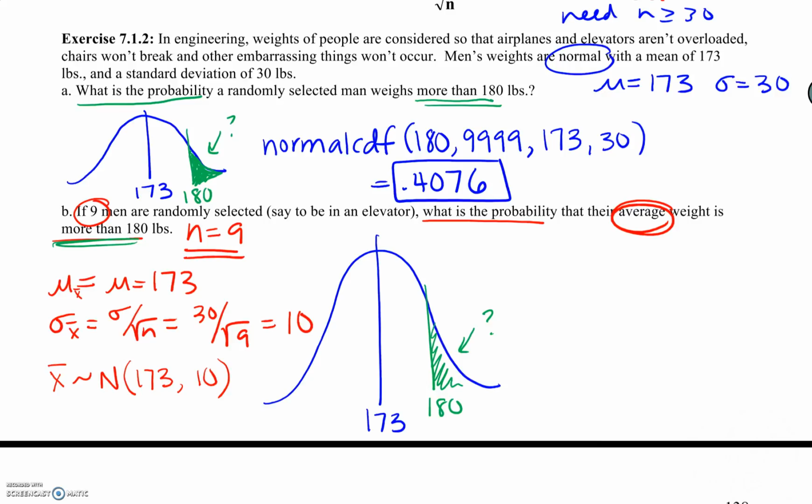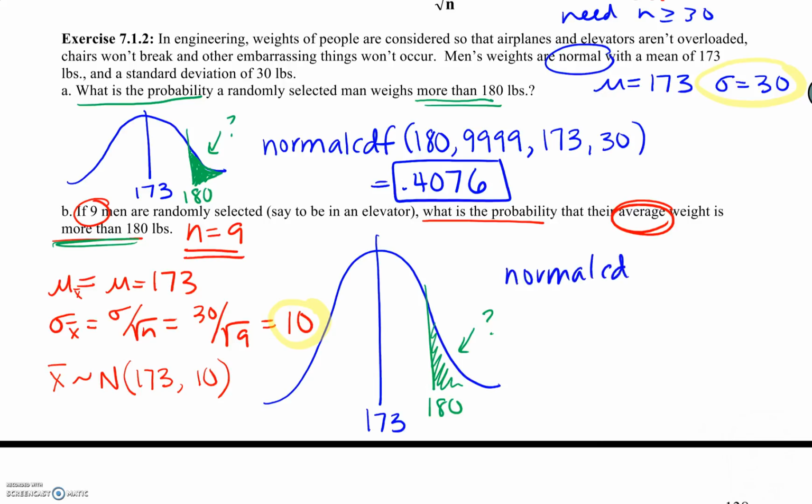My drawing looks nearly identical, and this is because I am lazy, right? I never take my standard deviation into account when I'm drawing this, but in the original we had a standard deviation of 30. Now our standard deviation has shrunk to 10. So this should be a much skinnier curve, which means it should be harder to have a probability more than 180. So we go to calculate this.